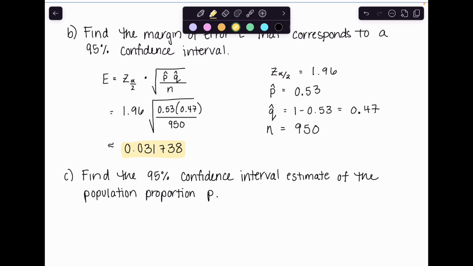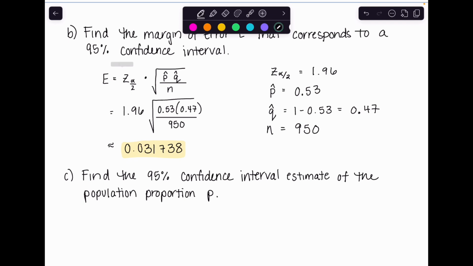So what I need to do to find my 95% confidence interval is I'm estimating that 53% of undergraduate students take online courses. I want to now add or subtract this error.